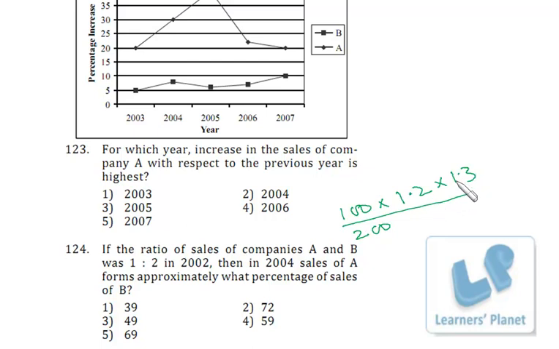So that is 1.3. Similarly, we can take for company B. First the increase is 5%, we can just see over here, so it is 1.05. Then it is around 7.5 or 8%. For simplicity, we can just take it approximately as 8% increase, so it is 1.08. So this is the calculation that we have to make.